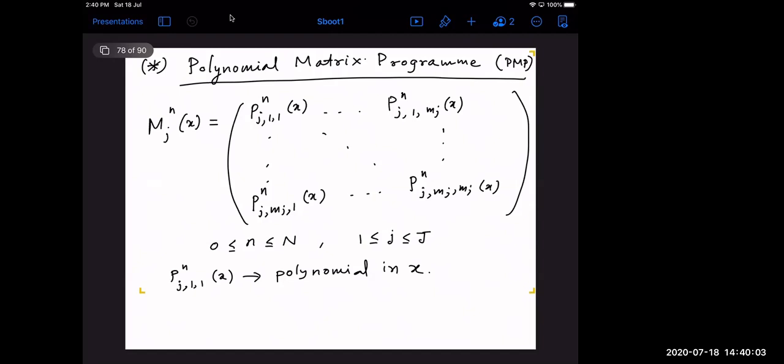Now, with this structure, let me go to the next slide.